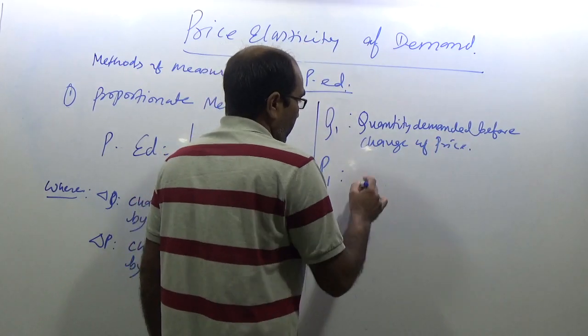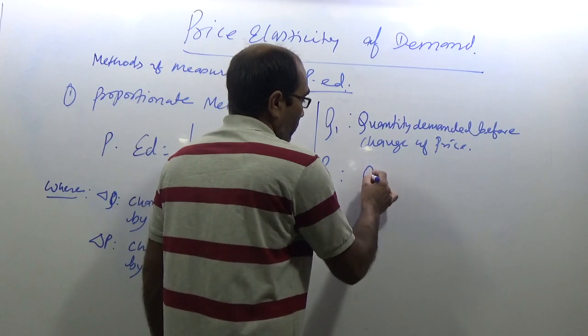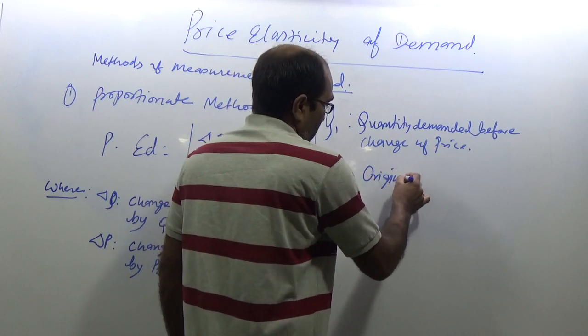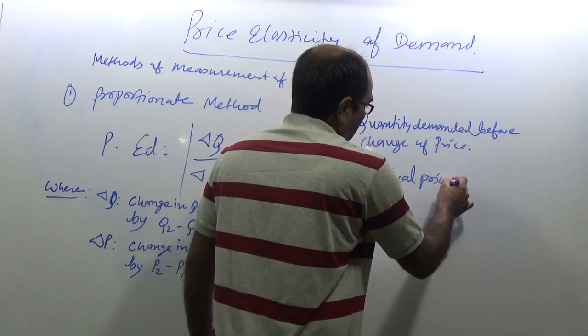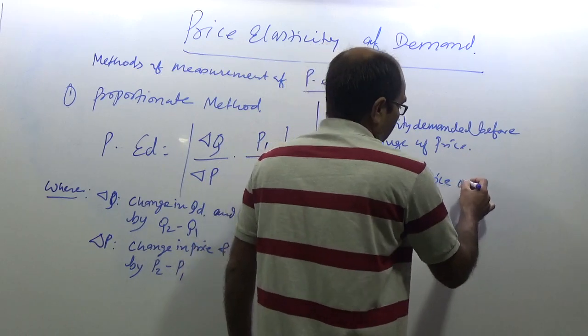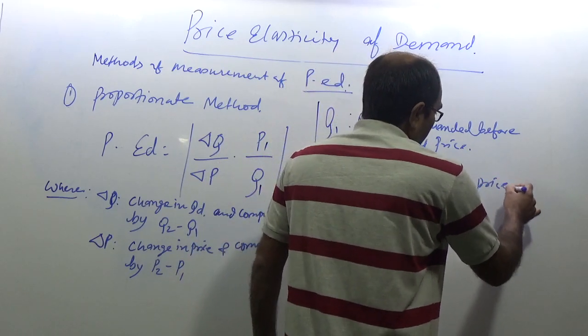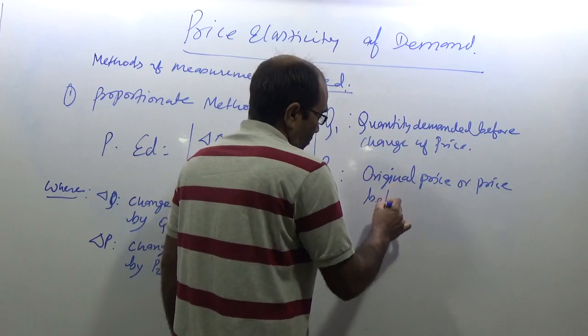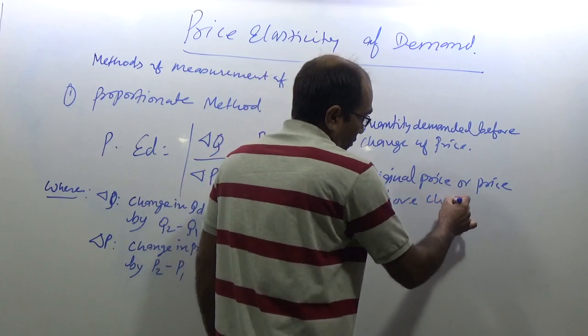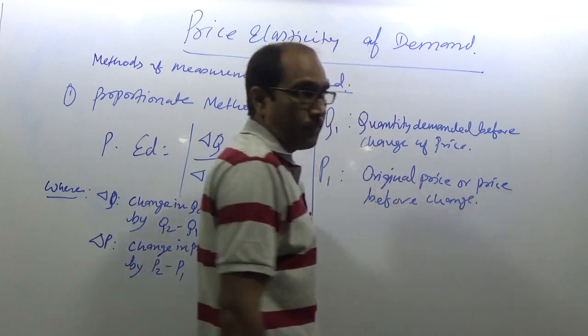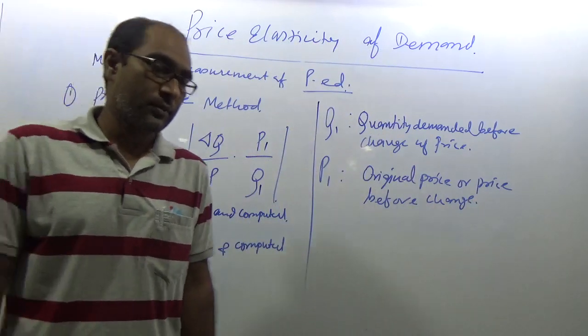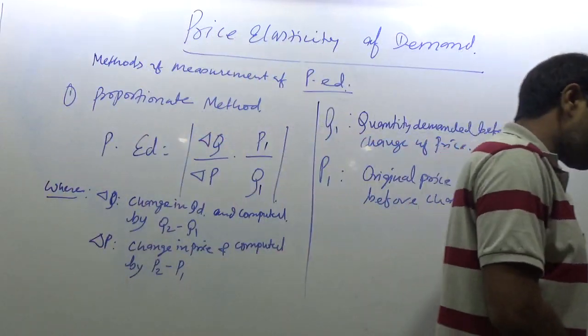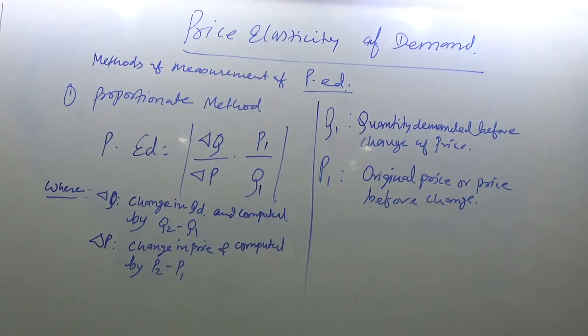P1 is original price, the price before change. So if it is so, you can calculate elasticity of demand for any type of change in quantity and price.